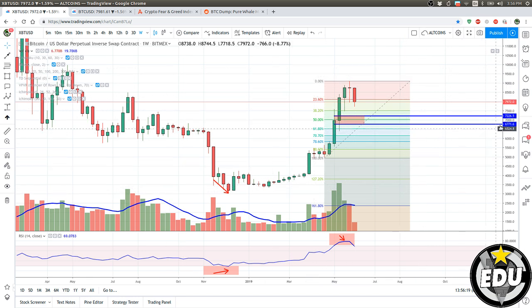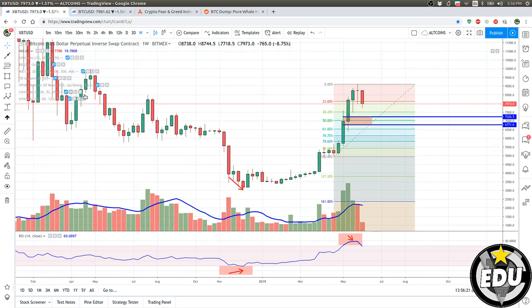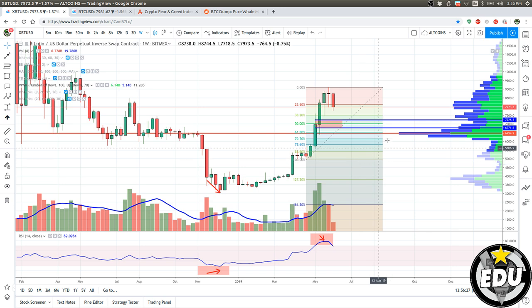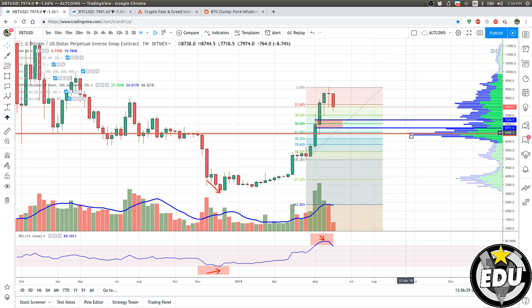Okay, and then if I activate my VPVR indicator, let's check where it goes. Here we go. High volume node, remember that? So the highest volume node will be at 61%, right on 6.4, where the coin dumped on that crash from 8.4 down to 6.4.